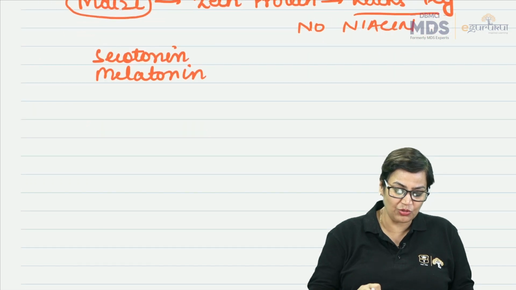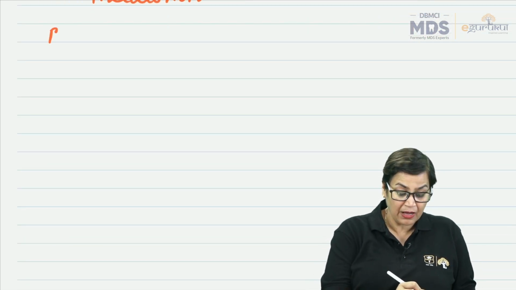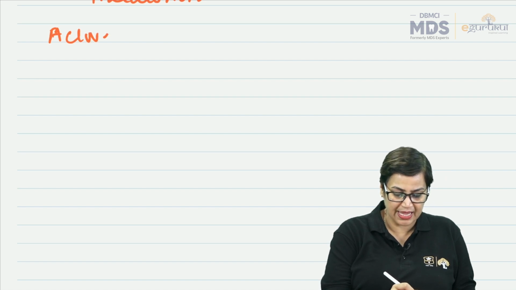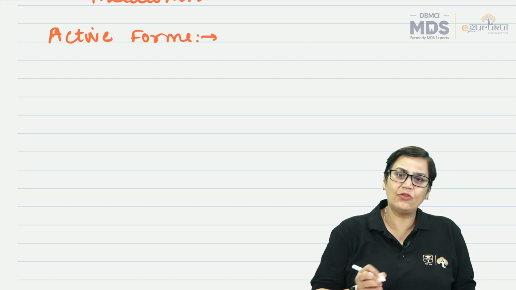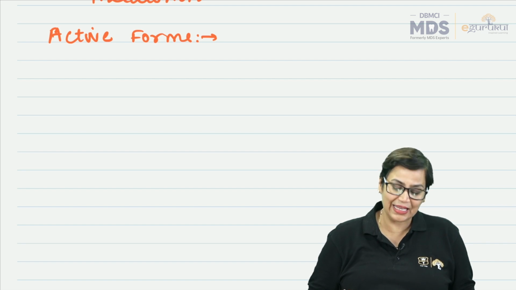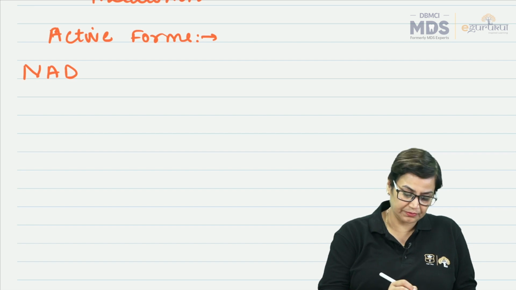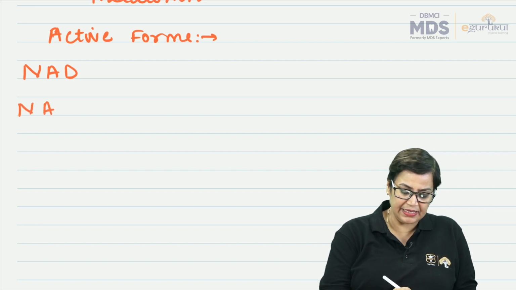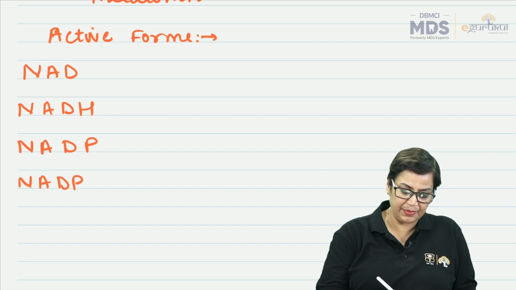Then we come over to the biochemical functions. First of all, the active forms. Now, if we look at the active forms of B3 or niacin, they are NAD, NADH, NADP, and NADPH.